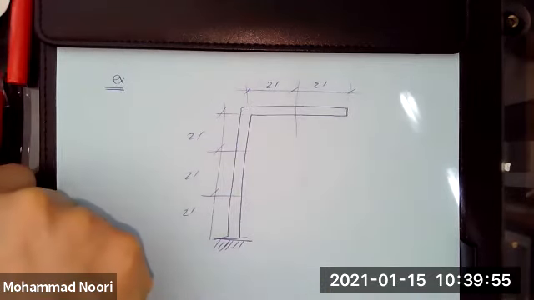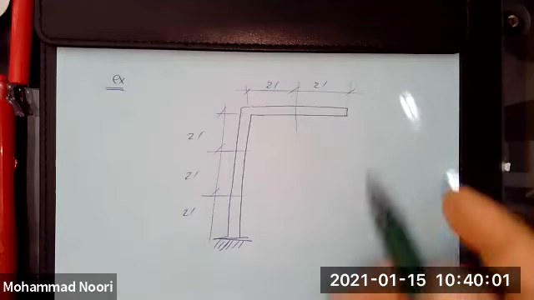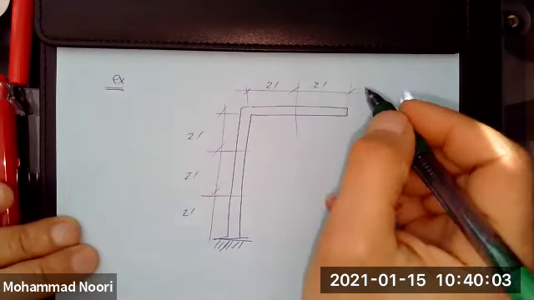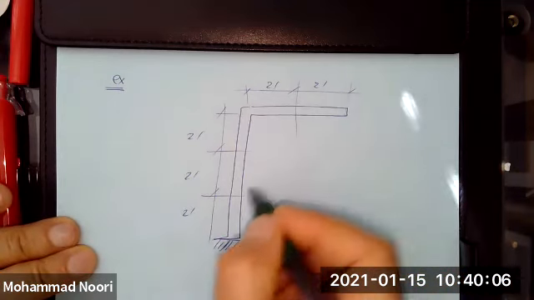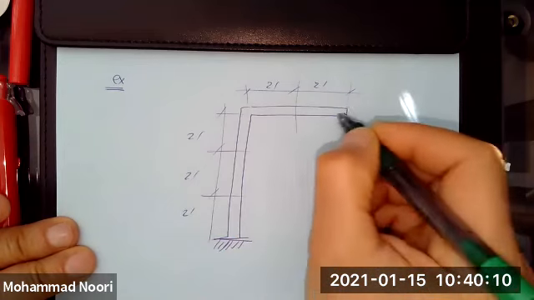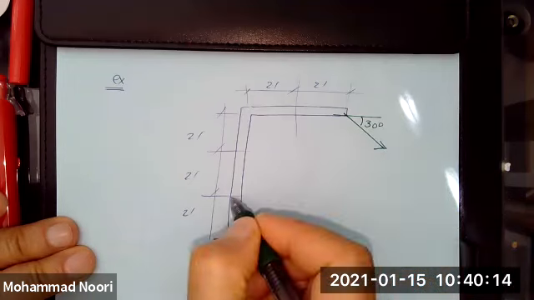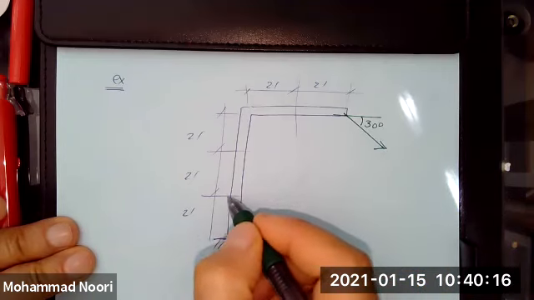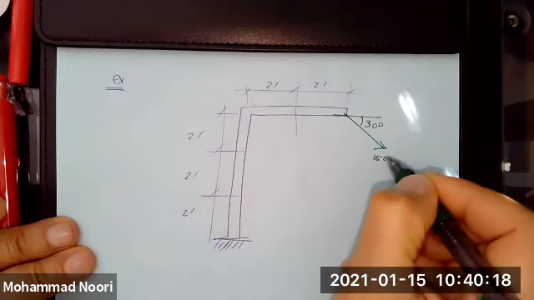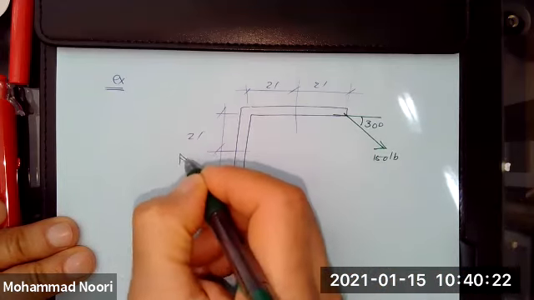Okay. We have two sets of couples that are acting on this object. One of them is a 150-pound force acting at 30 degrees here, and another 150-pound force that is acting here.